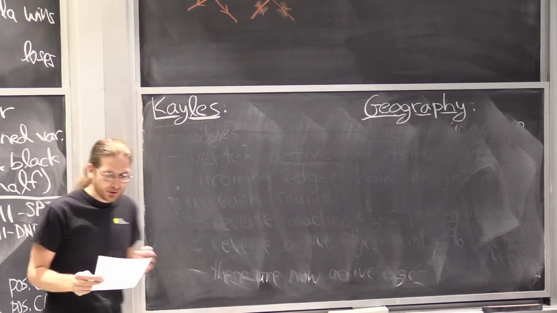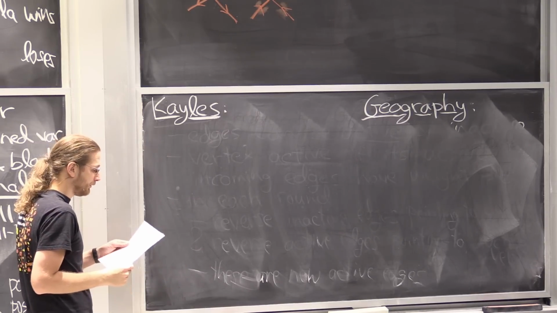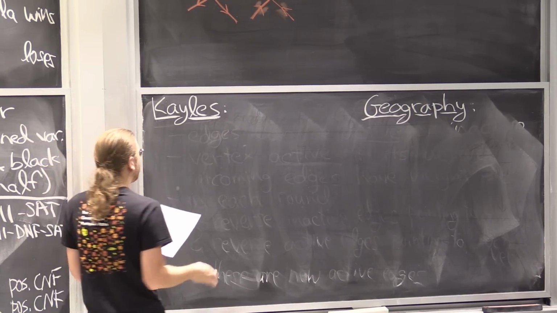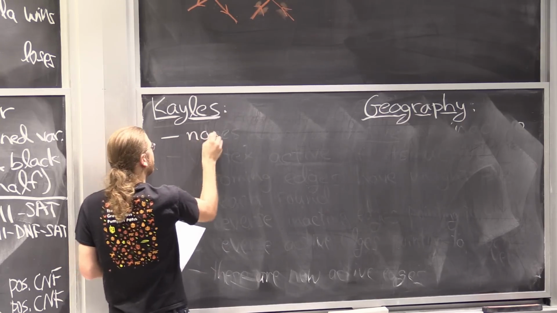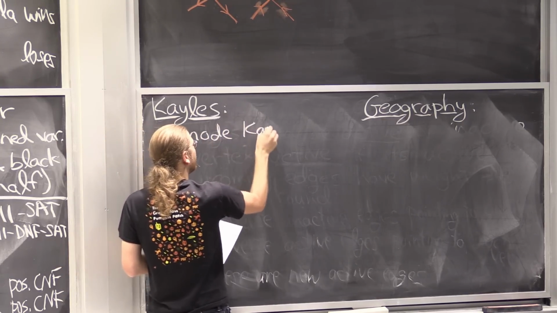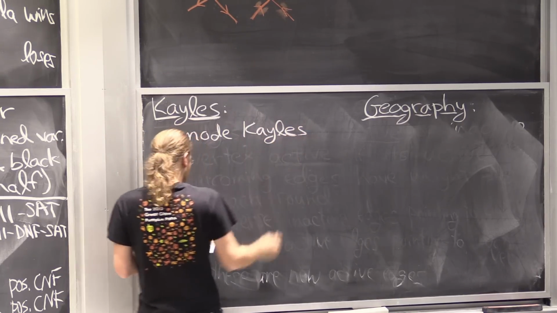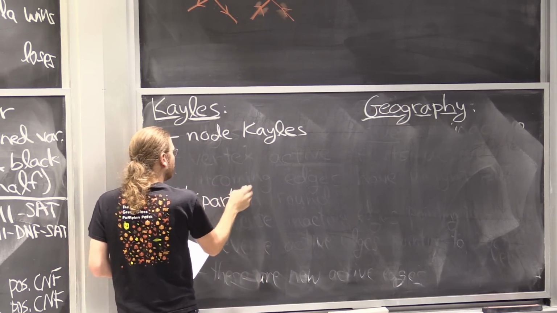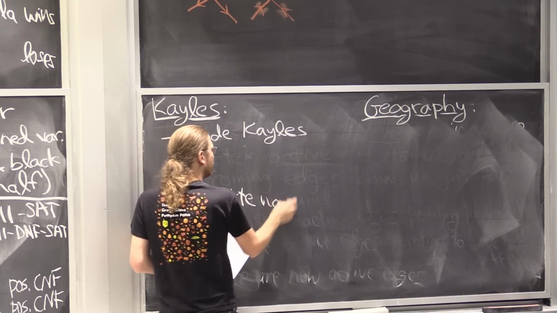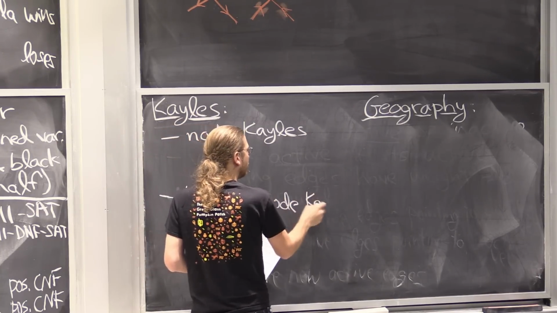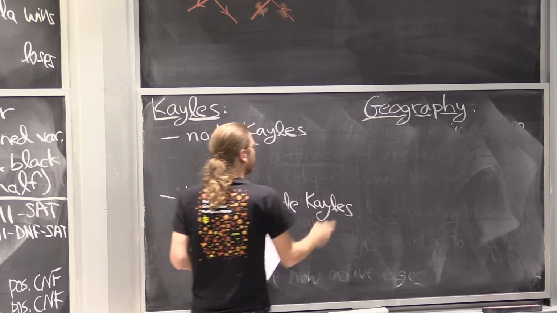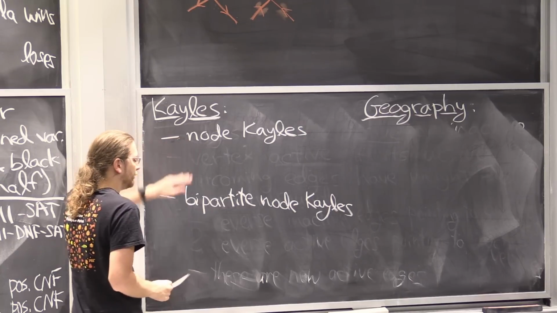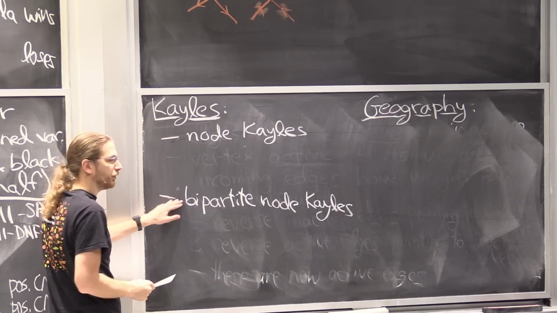Kayles is essentially the 2-player version of independent set. So there are a couple of versions. There's node Kayles and bipartite node Kayles. So the traditional names. You can also think of this as impartial Kayles, and this is partisan Kayles.